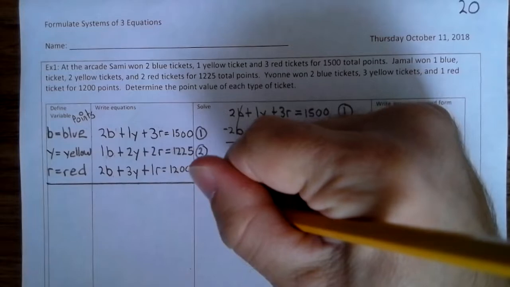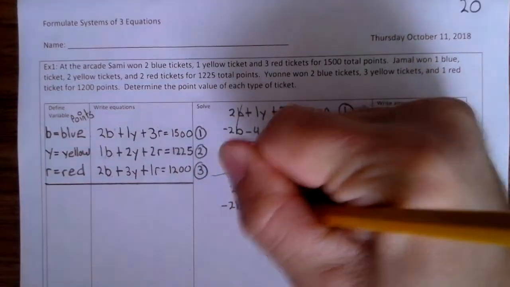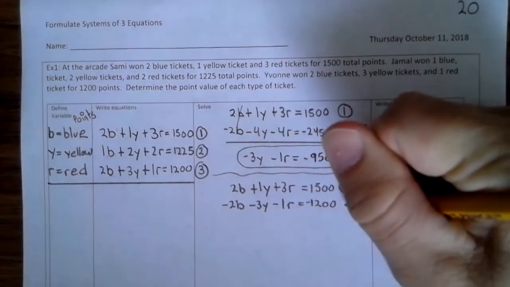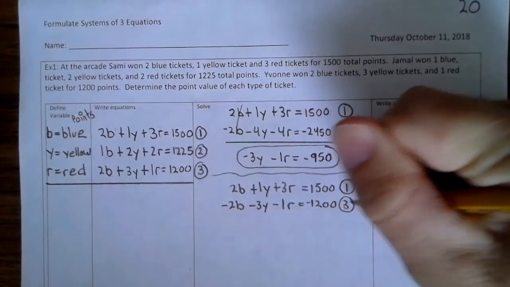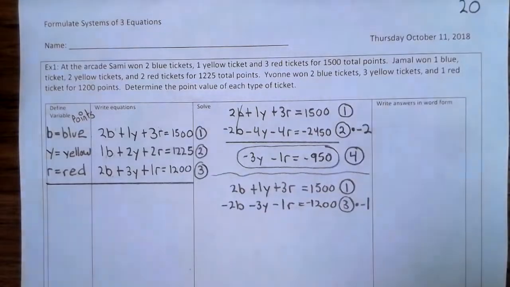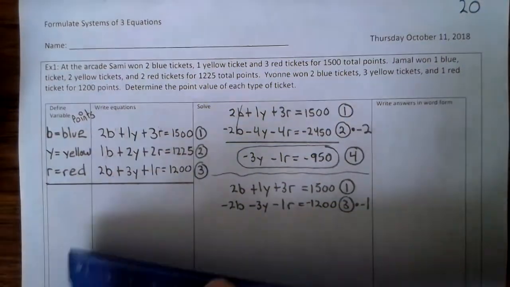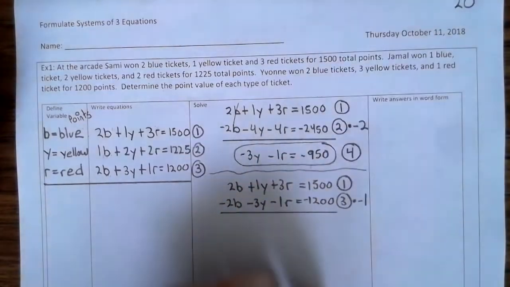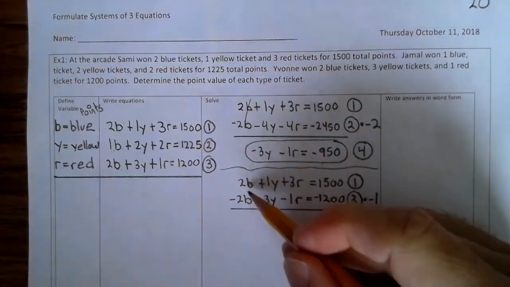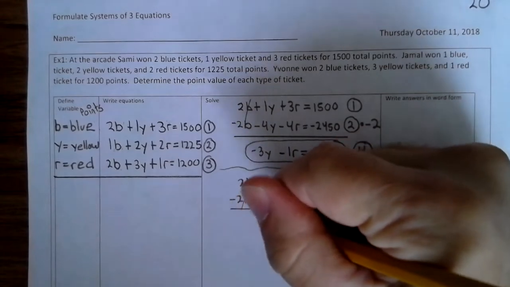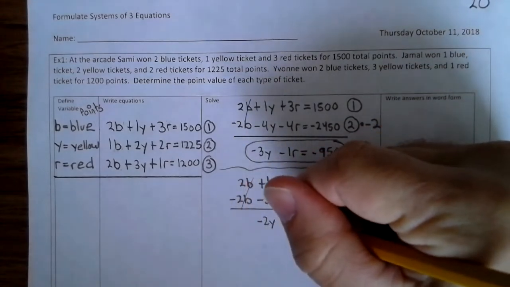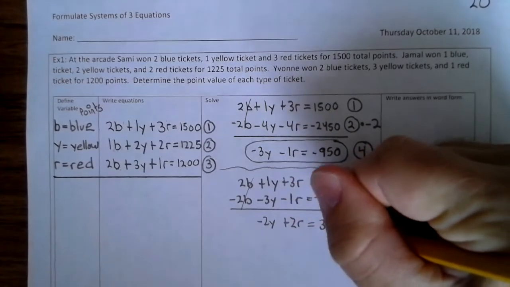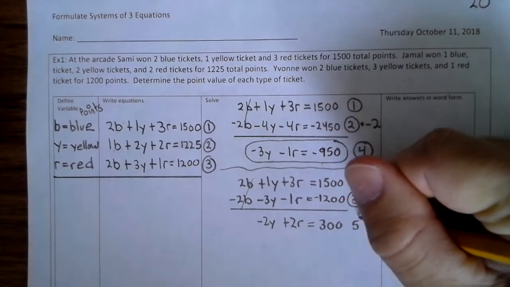So that's negative 2b minus 3y minus 1r equals negative 1200. And that's equation 3 times negative 1. All right, so the b's cancel. So then you're left with negative 2y plus 2r equals 300, and that's equation 5.